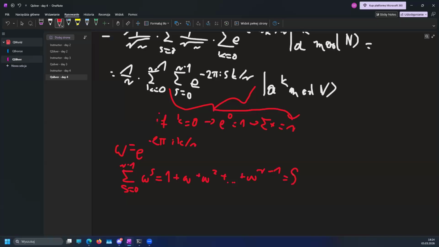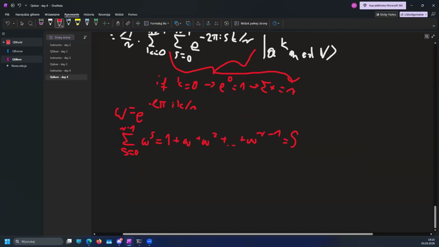So let's call this sum S. As you maybe know, there is a formula for calculating the value of this series, and it looks as follows.